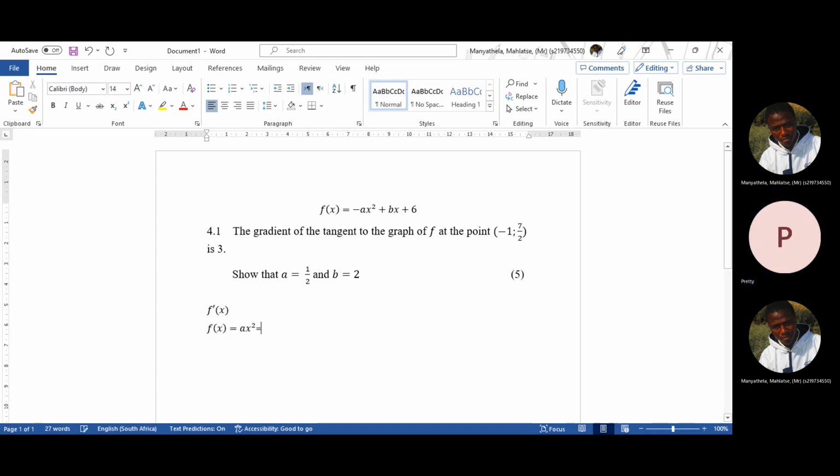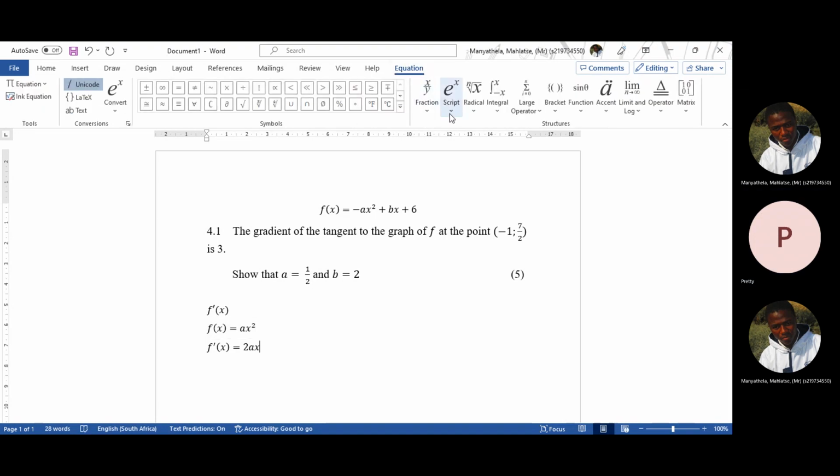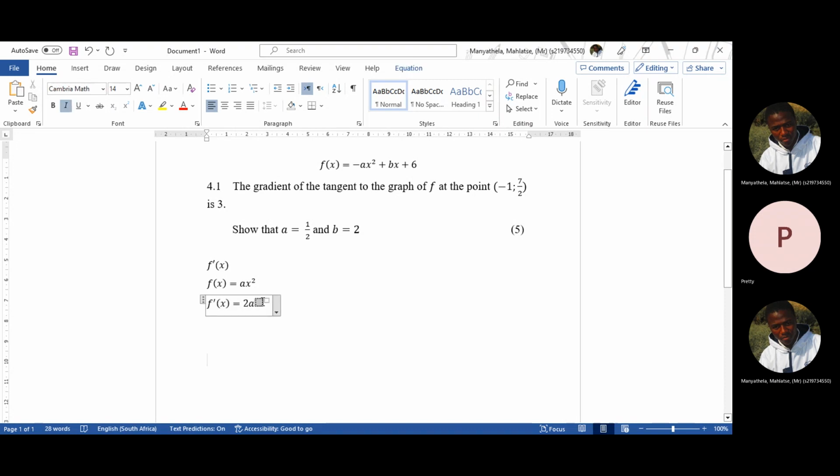So your derivative f prime of x will be equal to 2, the power, multiplied by a, then x raised to the exponent 2 subtract 1. We know 2 subtract 1 equals 1, so we leave it as 2ax to the exponent 1, of which you can choose not to write the 1. So the derivative of ax squared is equal to 2ax.